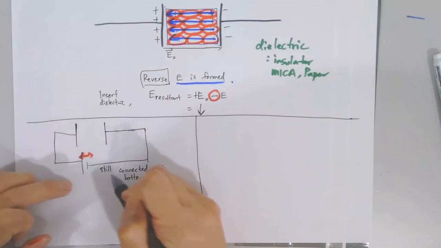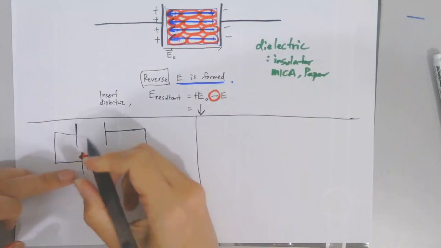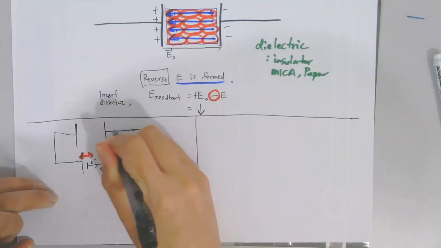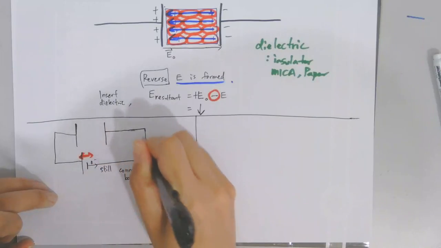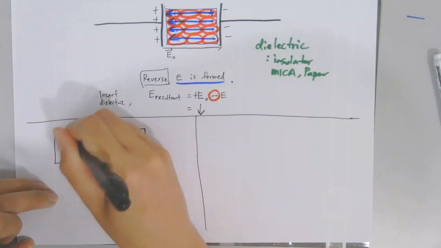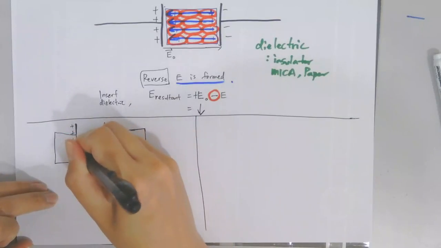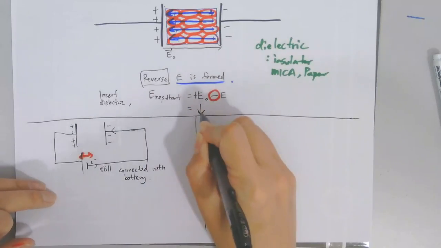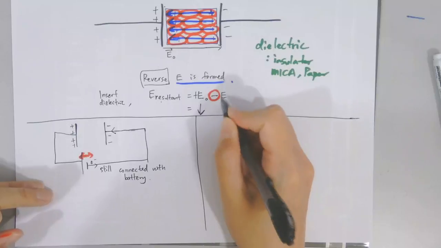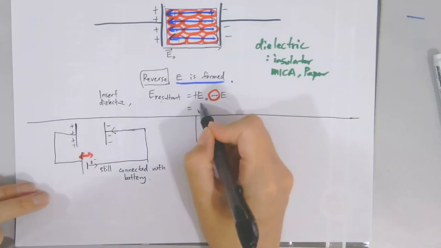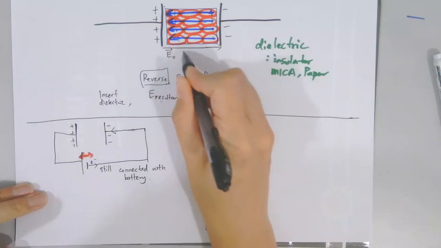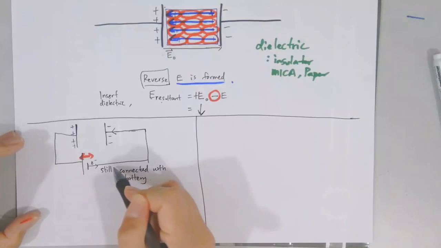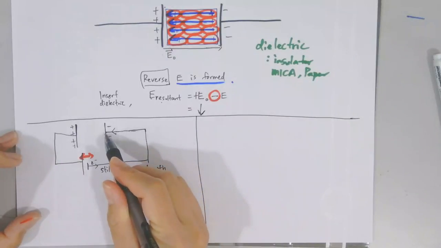Jadi kalau capacitor masih bersambungan dengan battery, you kena berarti charge masih boleh flow ke arah negative plate, supaya electric field yang menurun ni akan kembali ke nilai electric field yang asal, iaitu E0. Sebab apa? Because our battery still connected. Okay, jadi you kena berarti electron masih boleh ada laluan untuk ke negative plate.